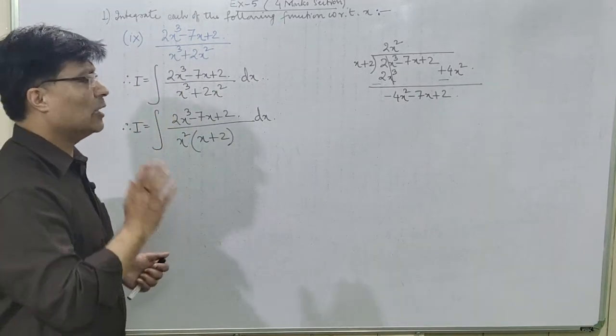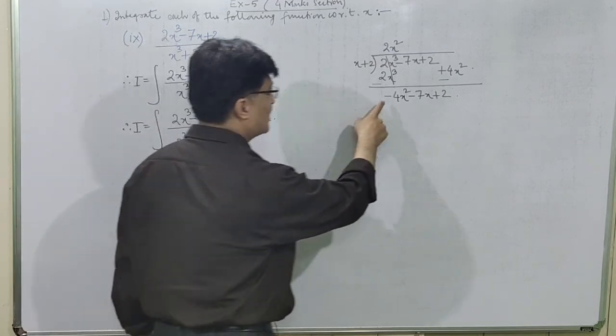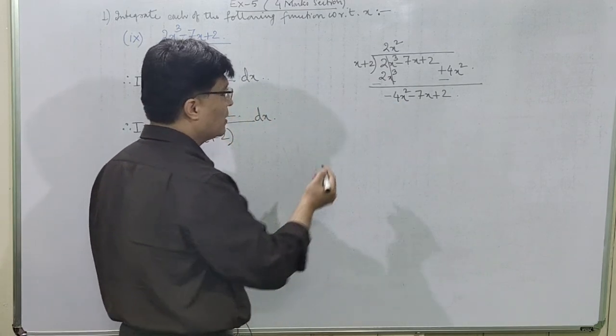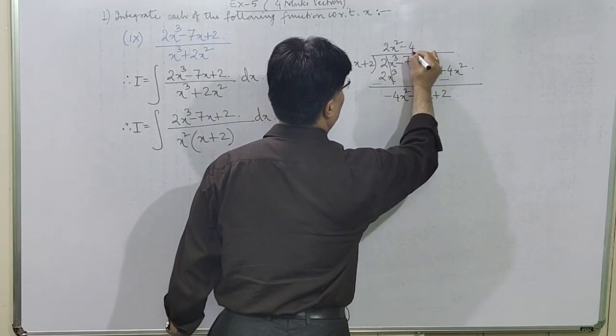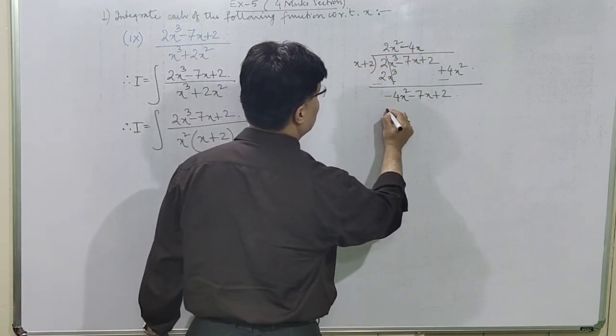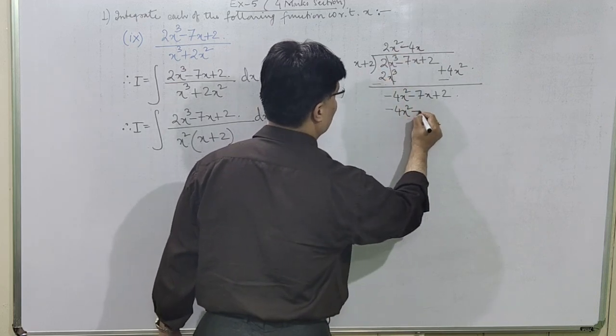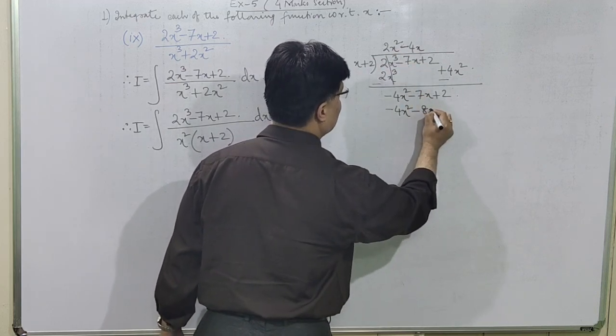Okay? Now again, by which expression will you multiply x to get minus 4x square? Minus 4x. So let us write here minus 4x now. So minus 4x into x is minus 4x square, minus into plus, minus 4 twos are 8x.